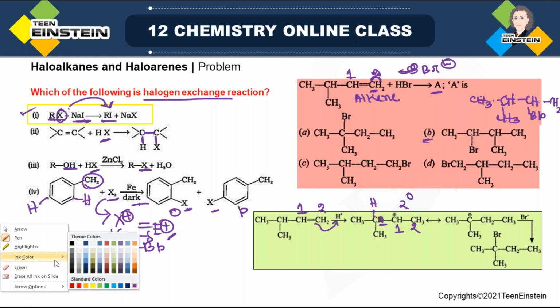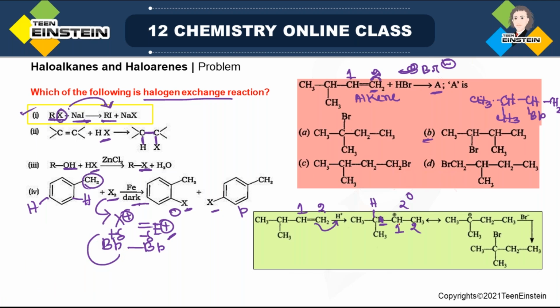Hydride means when H is carrying positive charge, we say it is proton, H plus, but when H is carrying negative charge, we call it hydride. Now this hydride will be shifting to C plus. As a result, now the positive charge is at this carbon, and this carbon is attached to 3 more carbons, that means it is 3 degree.